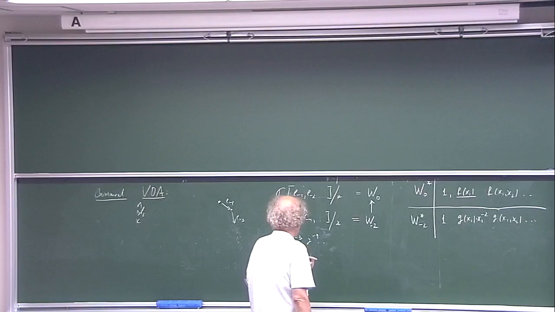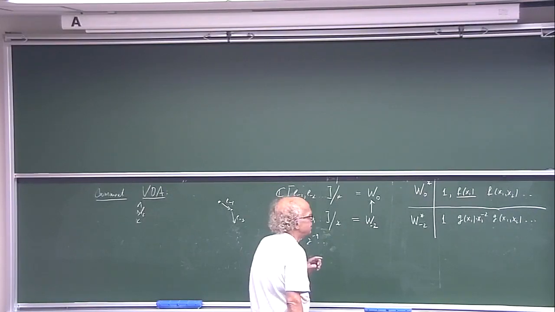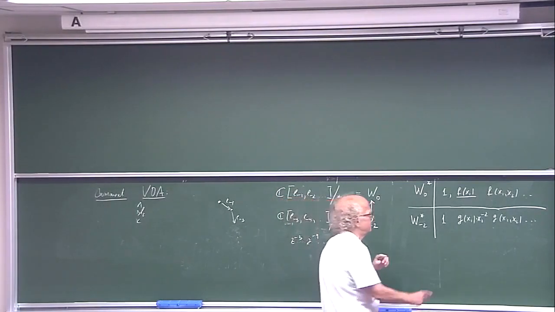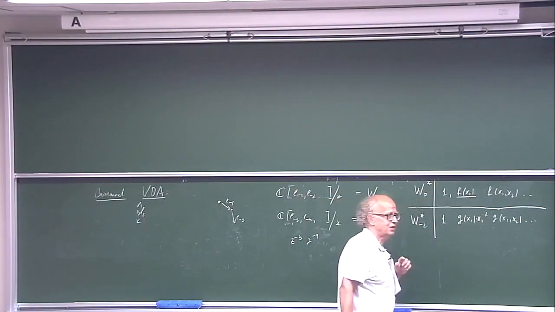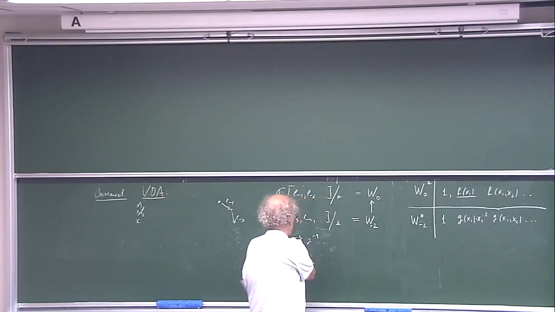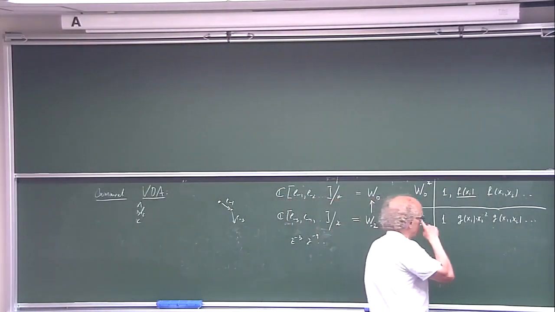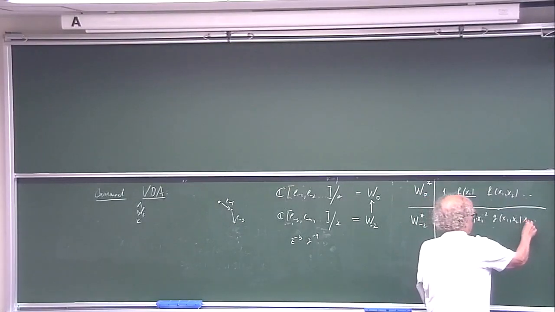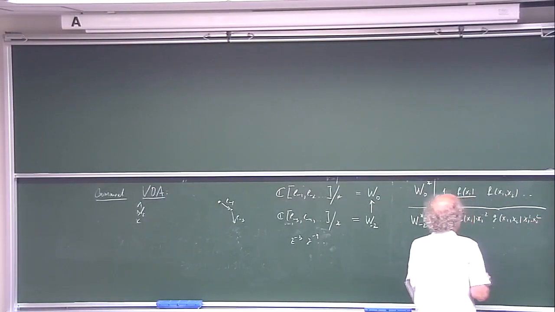And the dual space to this is, no, I want to say what is the dual space to this. Because the dual space has to be smaller, and I think this is correct. And here we have x1 square, x2 square, and so on.